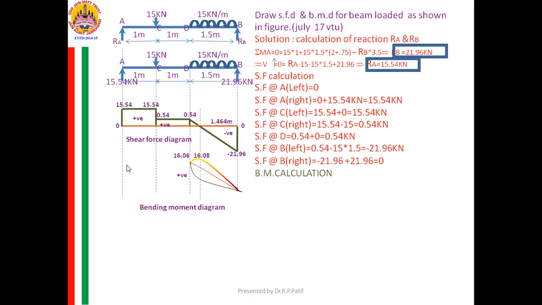Now I want the bending moment at A. Bending moment at B. Yes, for bending moment, once again I am drawing the diagram here at the bottom. I want it at the B. Either you can take all the loads on the right part or on the left part.